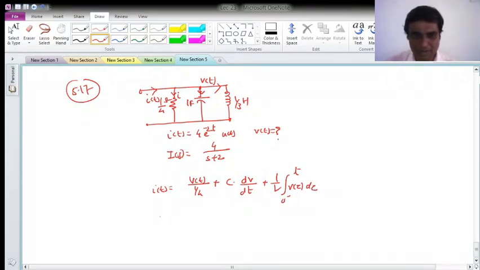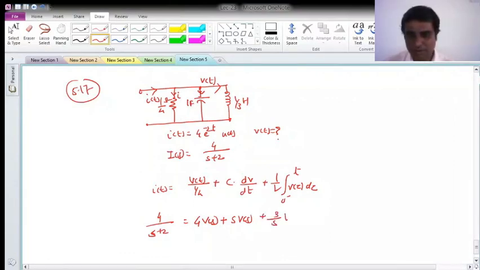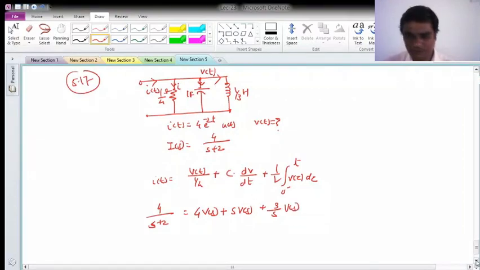Directly applying the Laplace transform, it is 4 over s plus 2 equals 4 into V of s plus C s V of s, assuming the initial conditions are 0, plus 1 over s times 1 over L, which is 3 by s, into V of s.